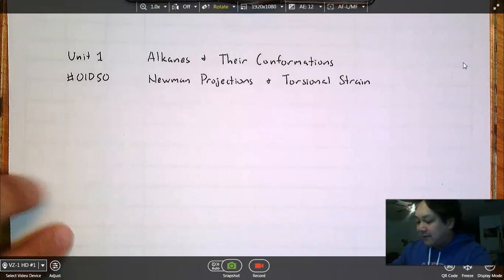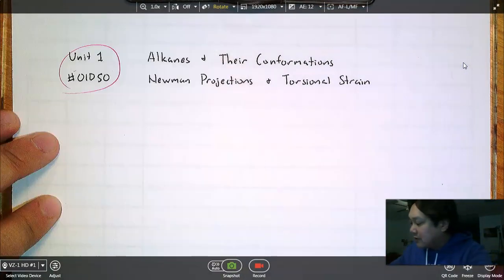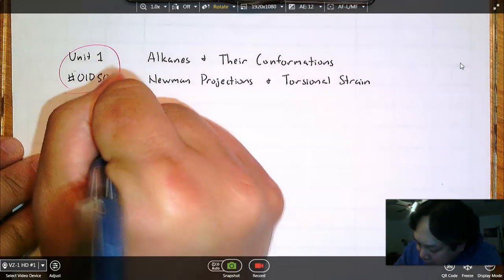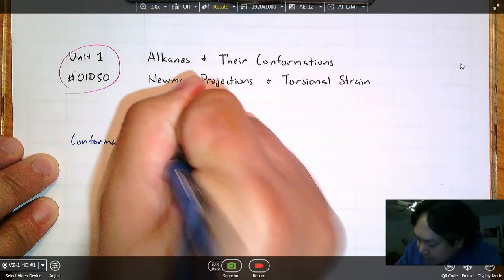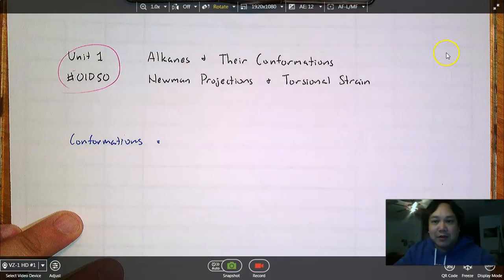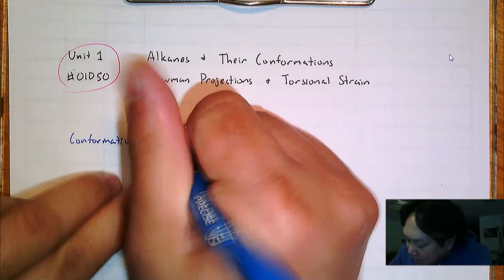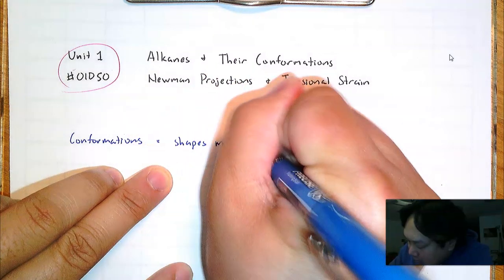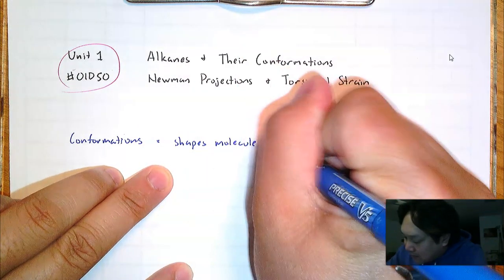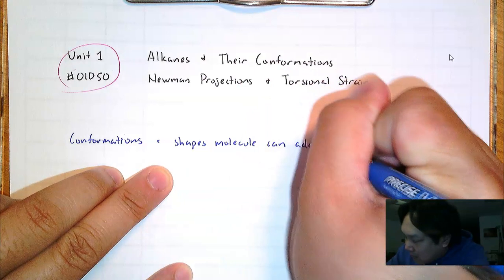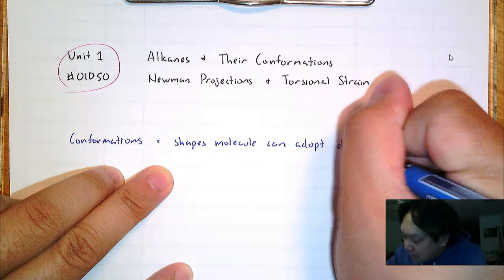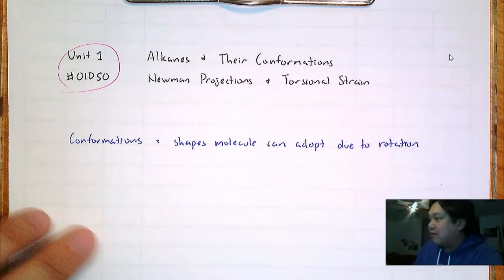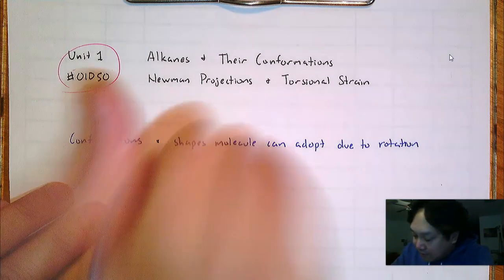Let us first define conformations. It's the shapes a molecule can make or can adopt due to rotation around one or more single bonds.